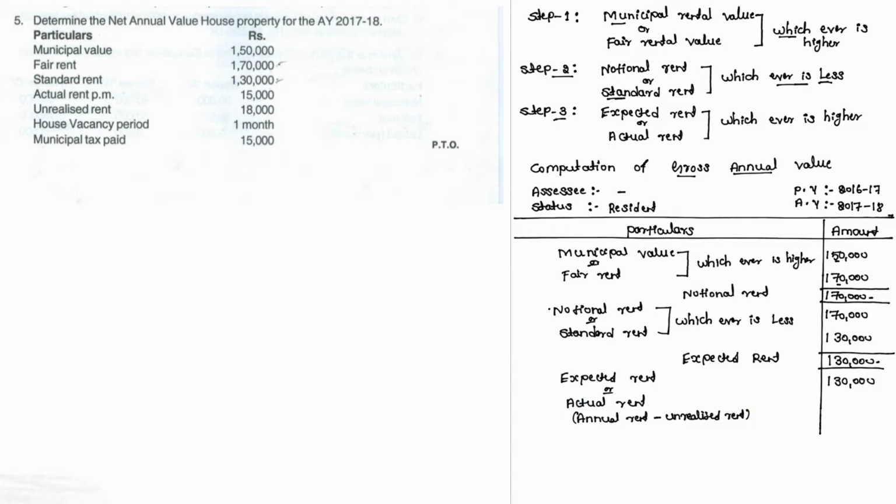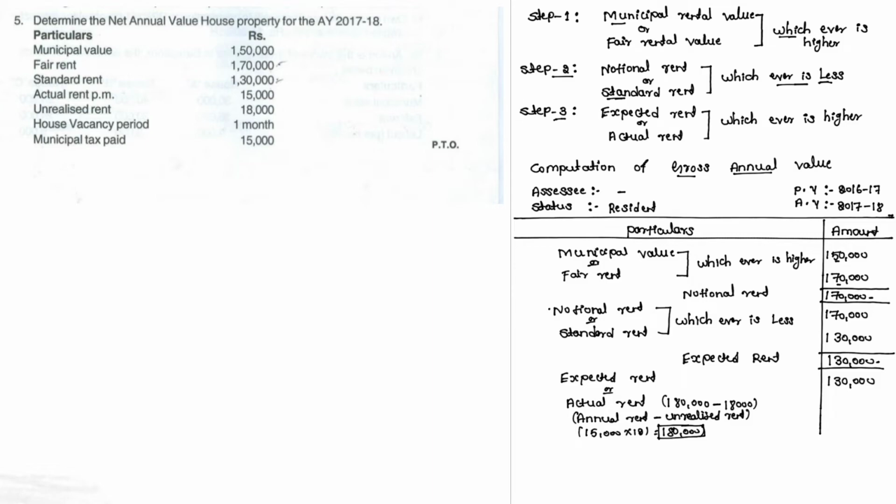So given in the problem, the actual rent is 15,000 per month into 12. So you'll get 1,80,000. This will be your annual rent. So annual rent you have 1,80,000 minus unrealized rent given 18,000.